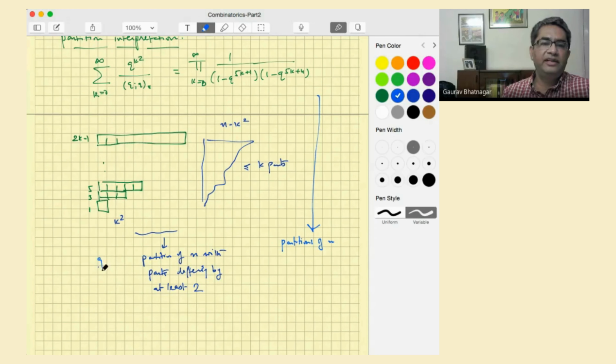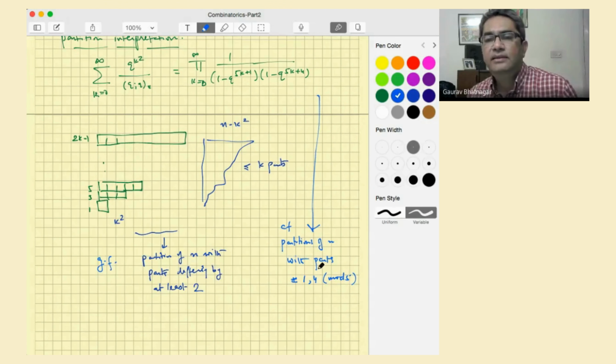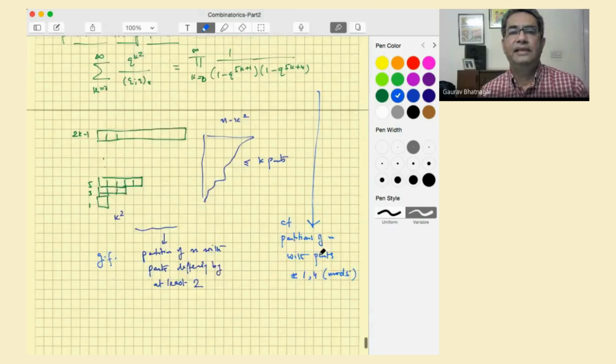So when you sum over this, this will give you the generating function of partitions of n with parts congruent to 1 and 4 mod 5. So this is easy, right? Is that clear?